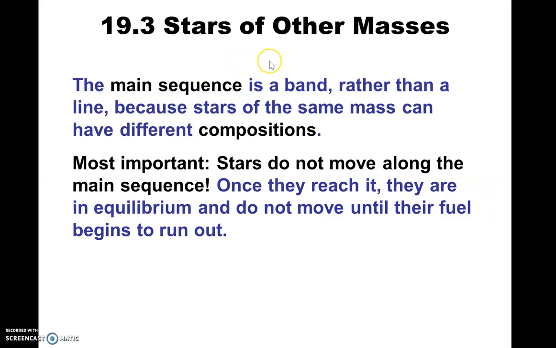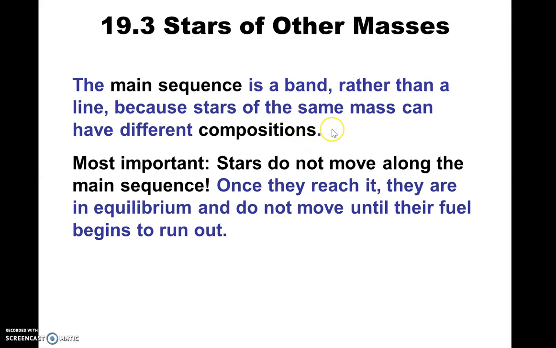Let's see, the main sequence. So this is a really important idea. The main sequence is a band rather than a line. So stars, when they reach the main sequence, are going to arrive at different locations because they're made of slightly different concentrations.